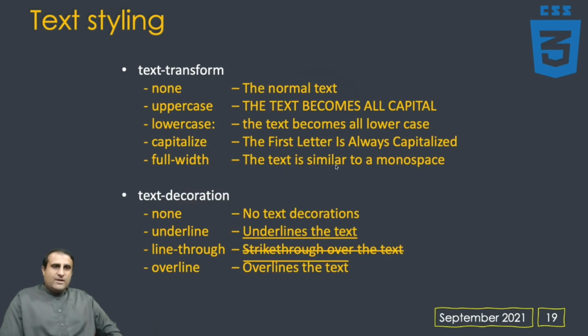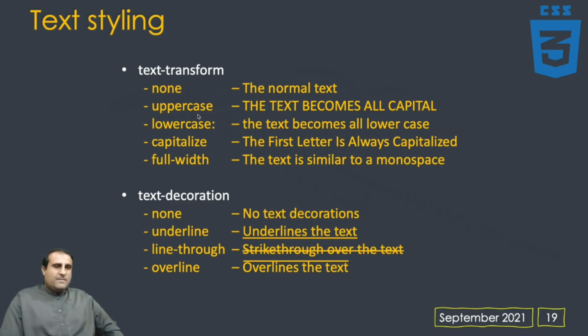And then we have the text transform property. We can transform the text into multiple styles. For example, if we use the none value, it means we do not want to transform the text.